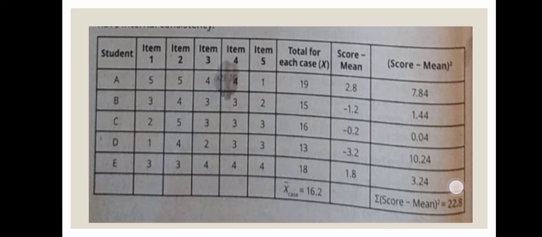For student C, the total score for items 1 to 5 is 16. Then students D and E. Then the total for each case of X: 19, 15, 16, 13, 18, which is equivalent to 81. Divided by 5, we get 16.2. That is the mean.